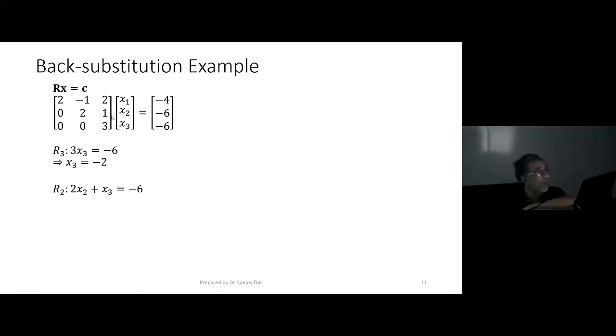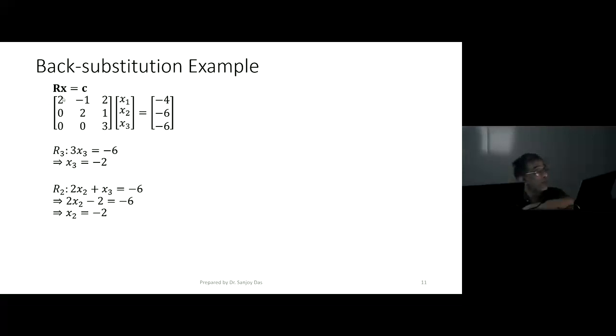Twice x2 plus x3 equals negative 3, and x3 is negative 2. Correct? So that gives us x2 equals negative 2. Now we get the values of x2 and x3 both.